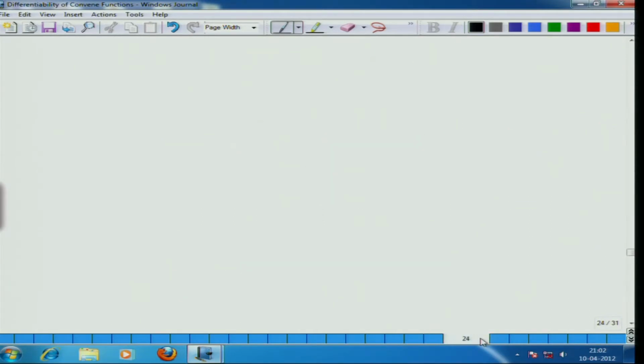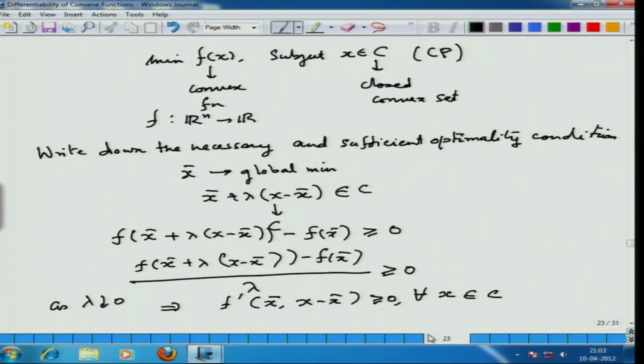Now, what happens? Suppose my x is fixed for the moment. So, this is the directional derivative, and this is your direction x minus x bar.